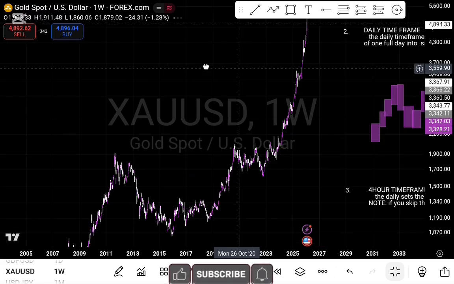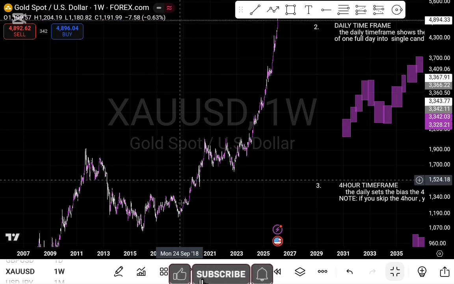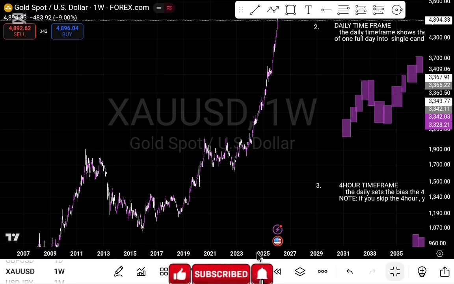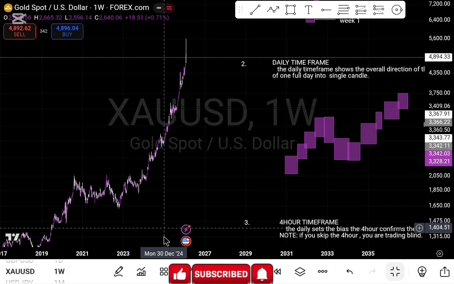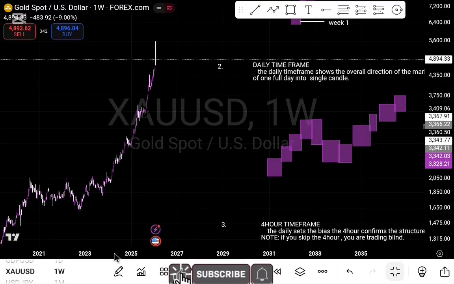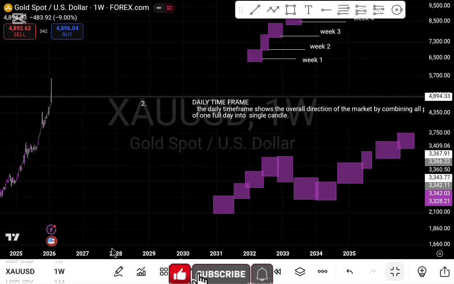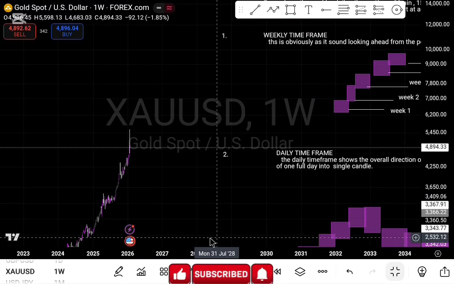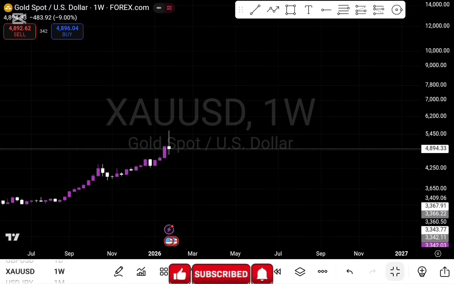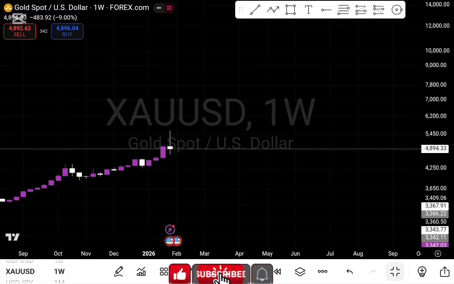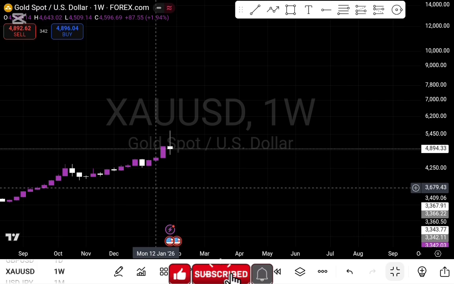So guys, this is a weekly chart. Each of these candlesticks you see here takes one whole week to form. This candle takes 1 week, this candle 1 week, this candle 1 week.